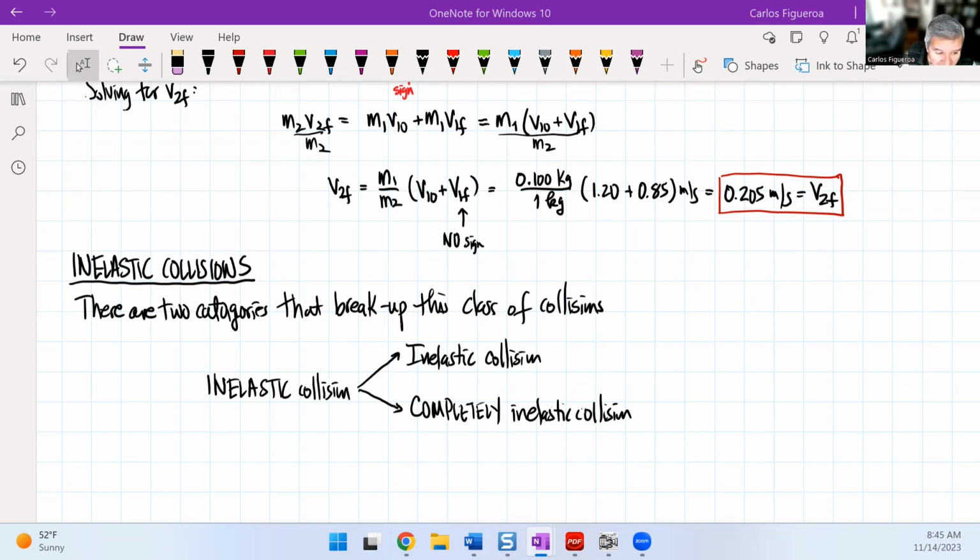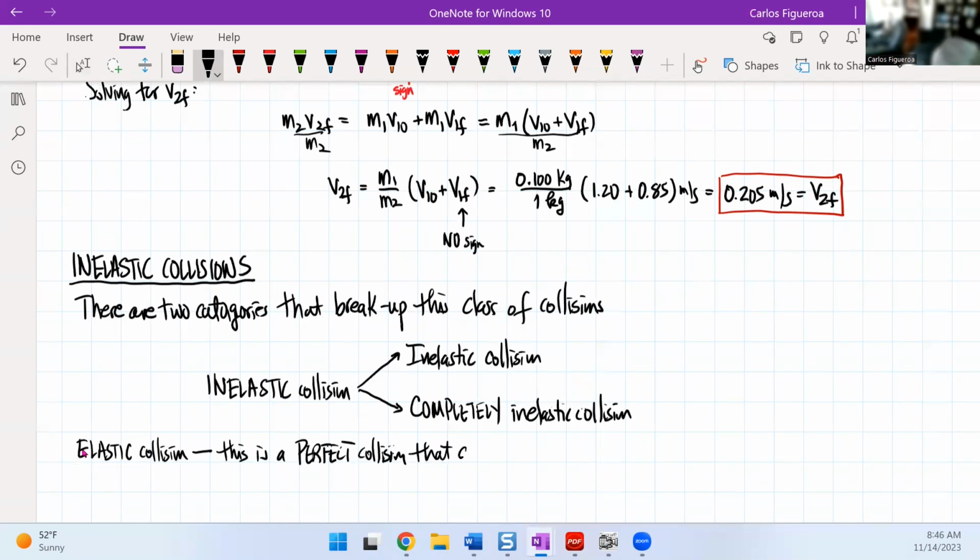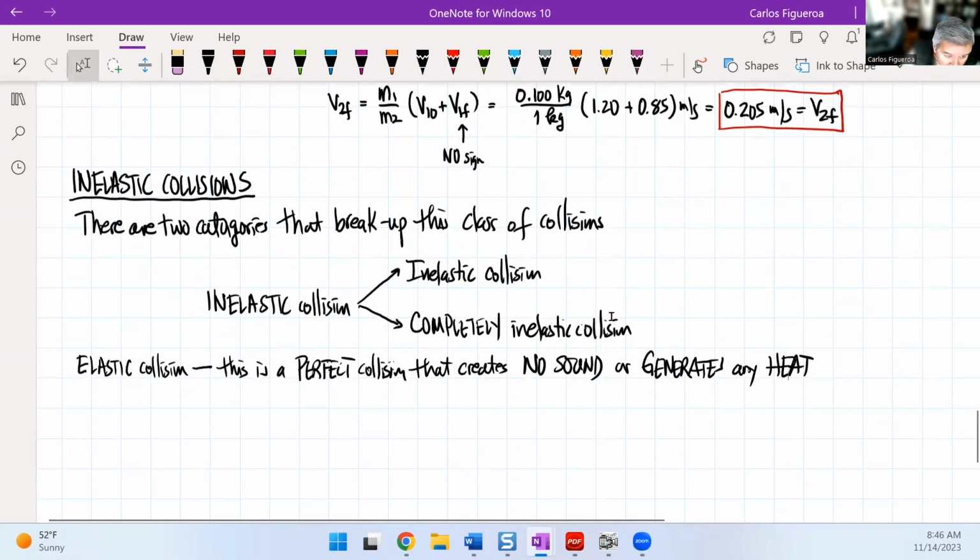One of the things we said is that if I have an elastic collision, this is a perfect collision that creates no sound or generates any heat. Those are perfect collisions.